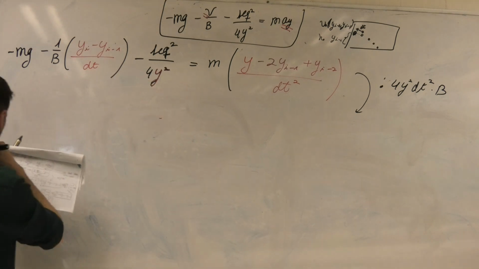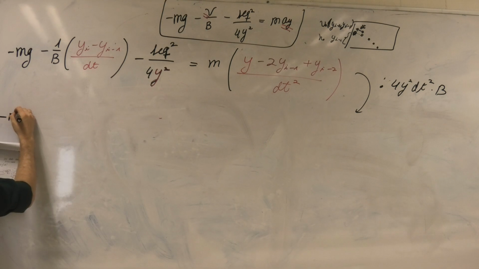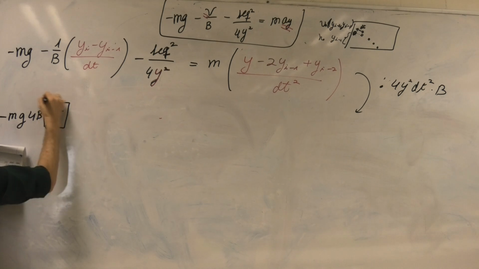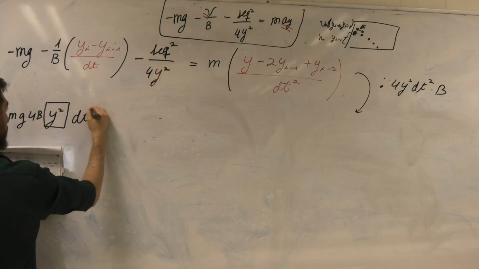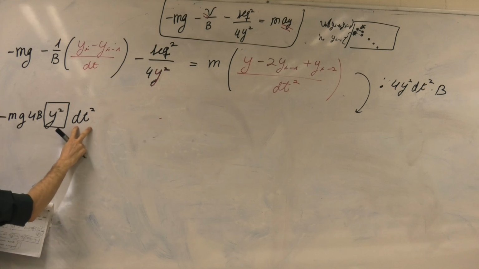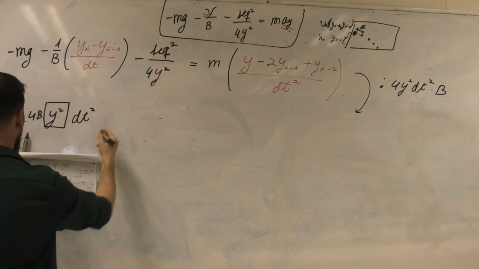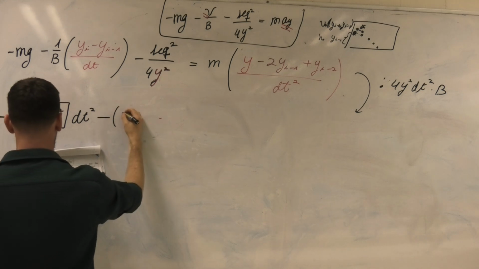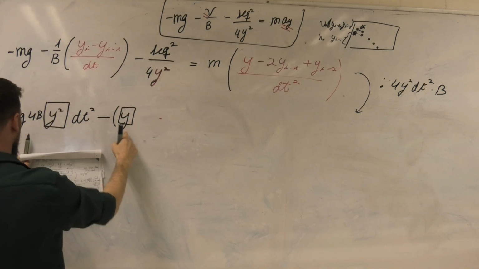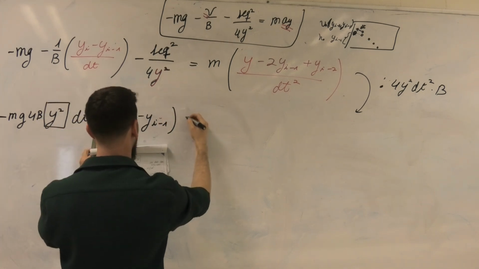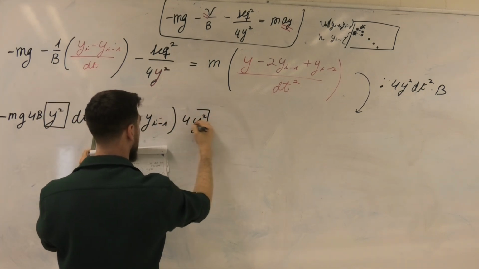If I do that, I get minus mg 4b y squared dt squared, don't forget it. Remember, this is a constant, we defined it. Minus y, the one I want to find, minus y_(i-1), multiplied by 4y squared. This is very important.